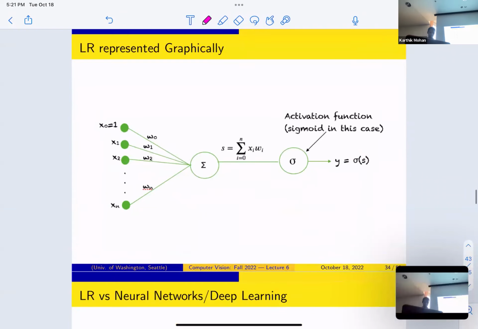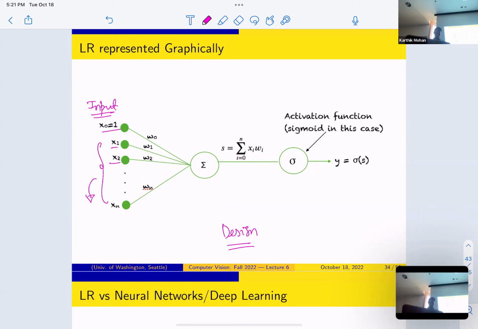So let's look at the design for logistic regression. So this is a design for it. So what's happening here? This is the input, right? X0 equals 1, x1, x2. This is also called the feature vector. X is x1, x2, xn.